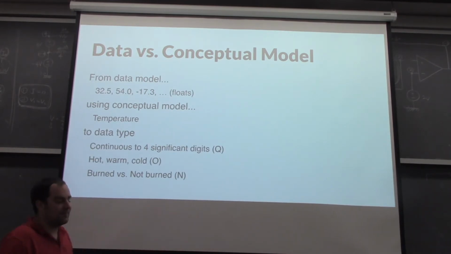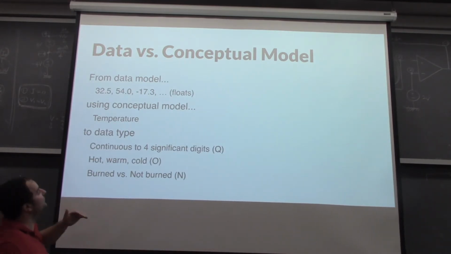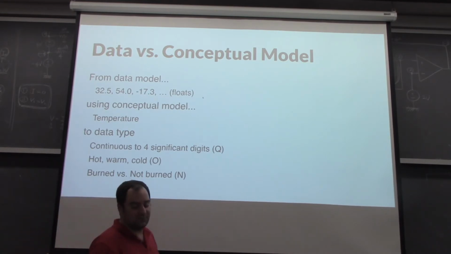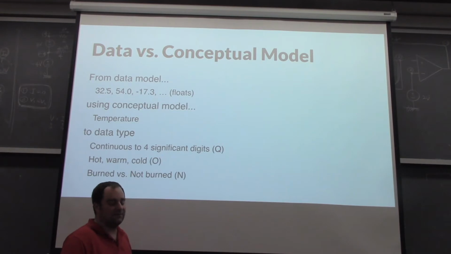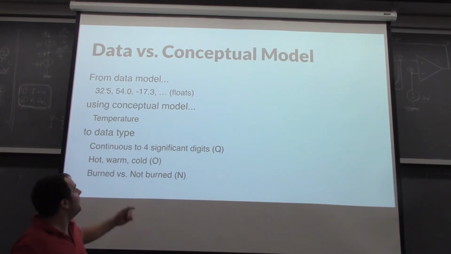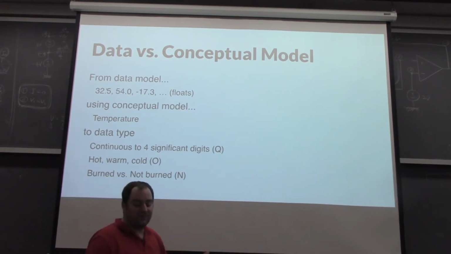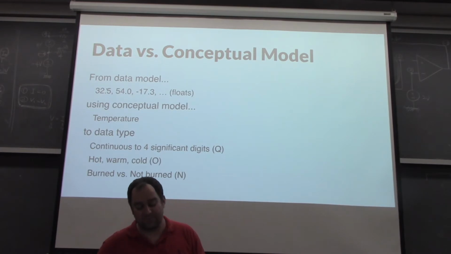So from the data model, for example, we would have a series of numbers like 32.5, 54, minus 17 being floats. We can make sense of these values by using the conceptual model that these are temperatures, to assign a specific data type.